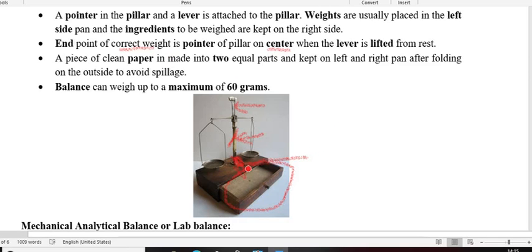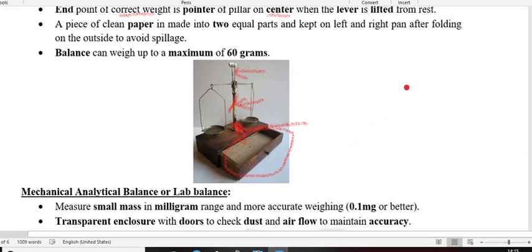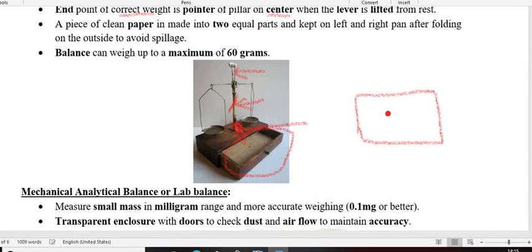Here is the lever. Take a piece of paper and divide it into two parts.